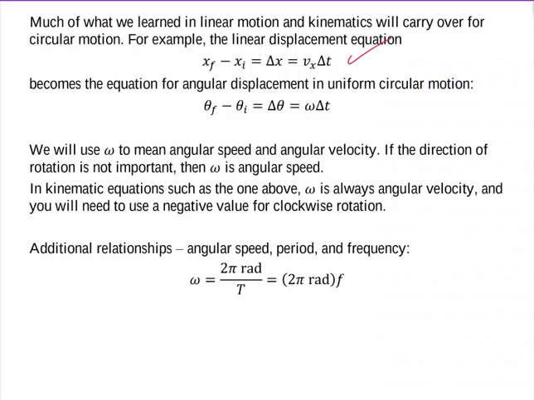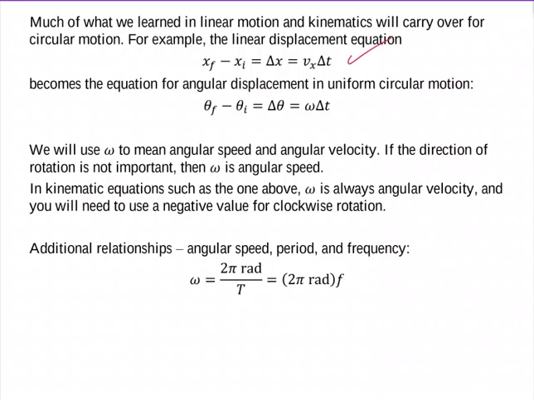So theta sub f minus theta sub i equals delta theta, and that equals omega delta t, because omega is the angular velocity replacement for linear velocity, okay? And theta is the angular displacement replacement for linear displacement.